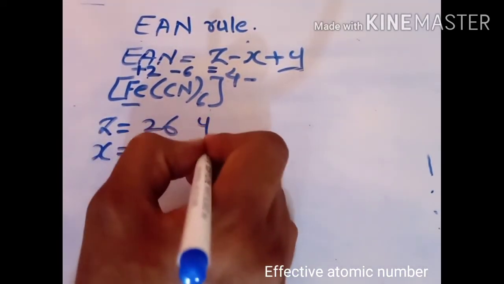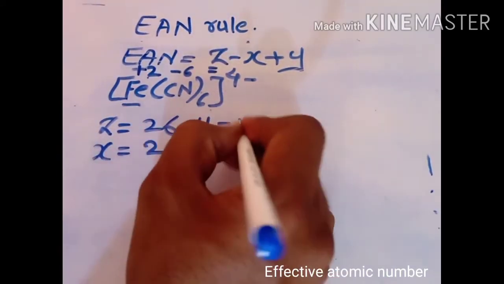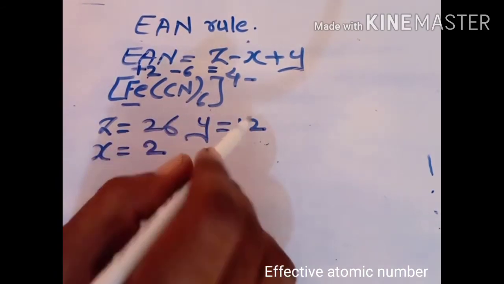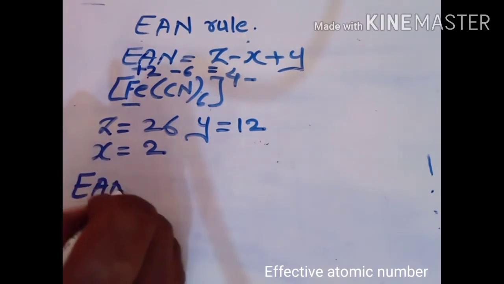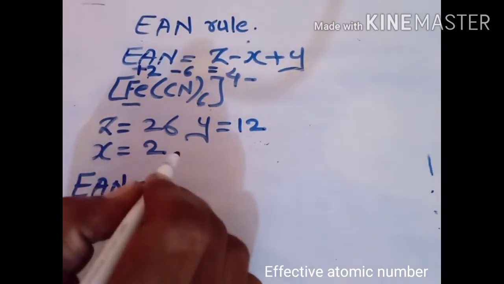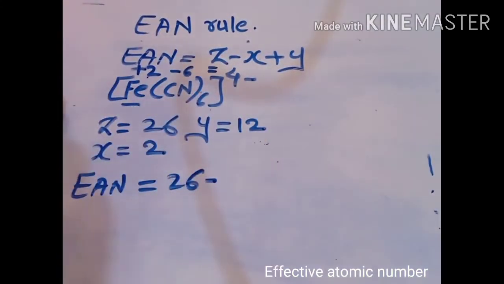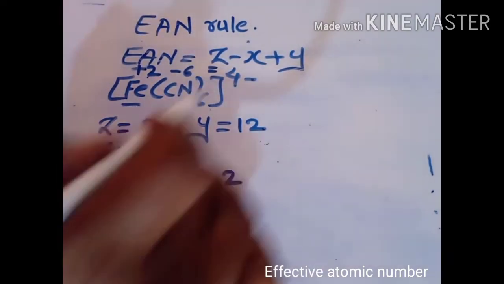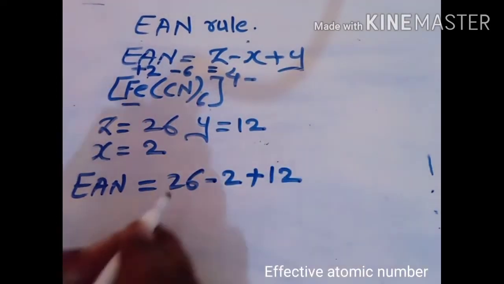Now the second one, the value of Y. There are 6 ligands, so 6 into 2, 12 electrons will be there, because a pair of electrons is donated by each ligand. Now put these values in the formula. EAN: the value of Z is 26, minus the value of X, which is 2, plus the value of Y, which is 12.